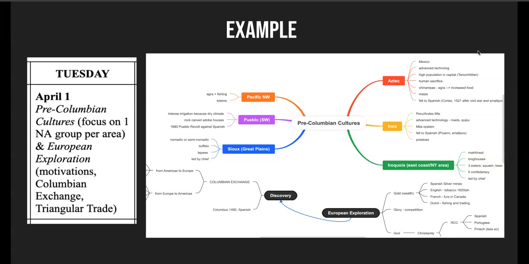So that was an important thing that I forgot, that I added once I went back to my notes. You can also see on mind maps, they're really great because you can show relationships, which is an important historical thinking skill. You can compare things and contrast things. You can be demonstrating cause and effect, and I've got that with some arrows and such.